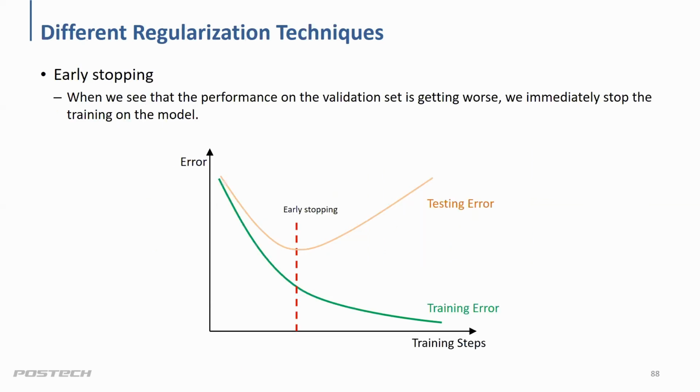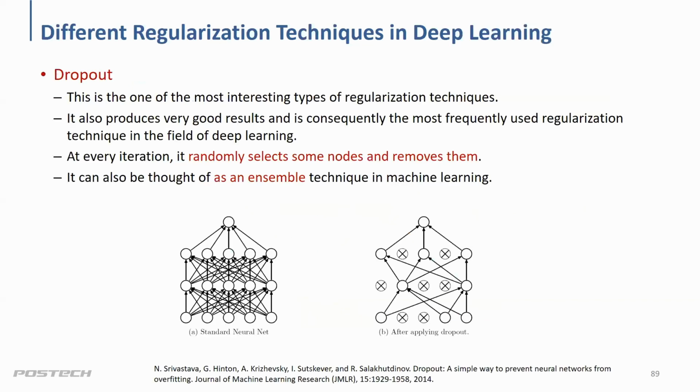Another one was early stopping, where you track the training errors and the testing errors and stop at the point where we notice it's starting to overfit, as you can see. These are different regularization techniques in deep learning.